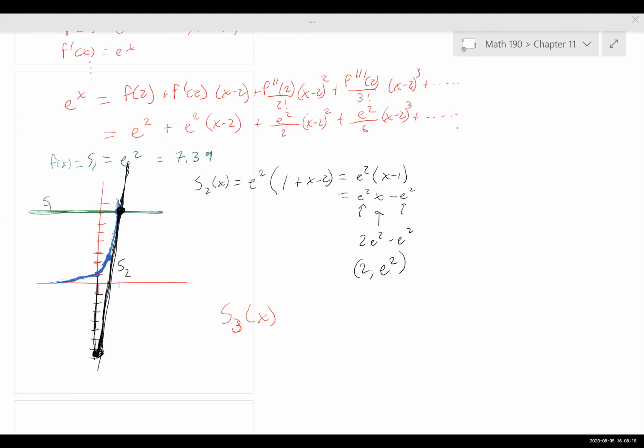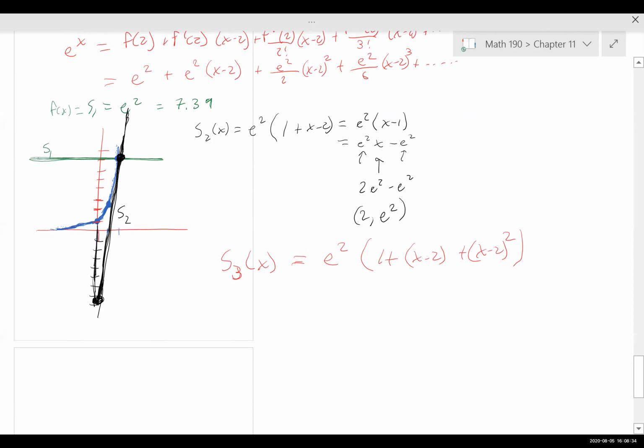And so if we include the next term, this is e squared times 1 plus x minus 2, plus x minus 2 squared. We're going to get a quadratic equation. I don't know what this is going to clean up to, but we could easily find out.